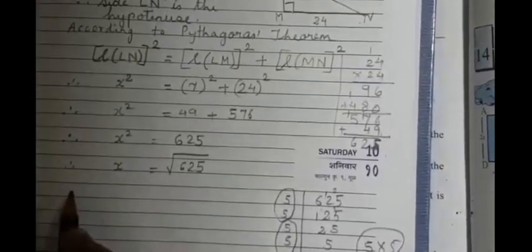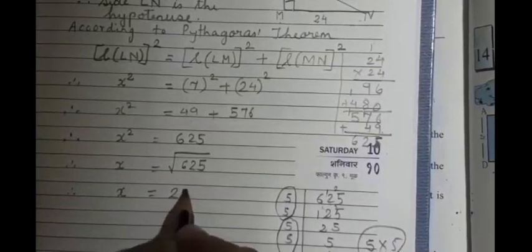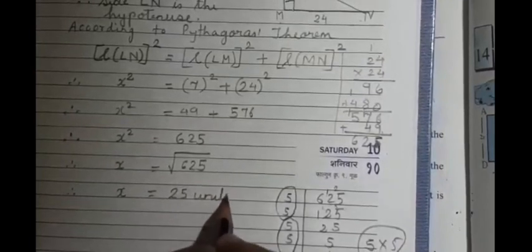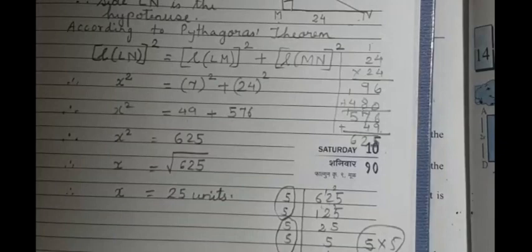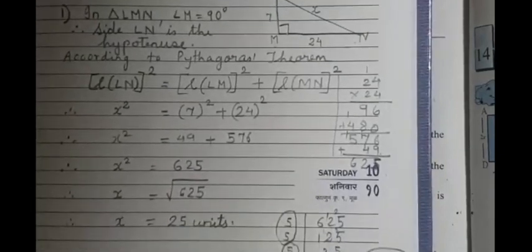Therefore, x is equal to 25 units, because they have not given us a measurement. Did you understand how to solve this sum?